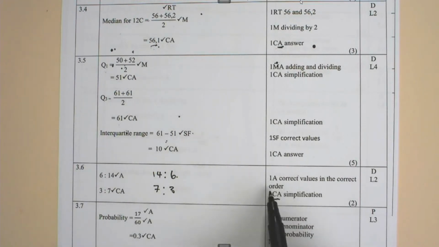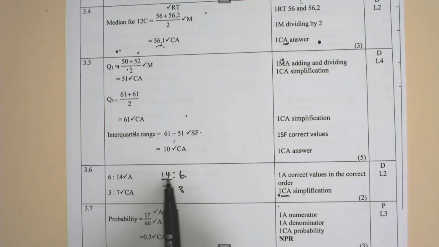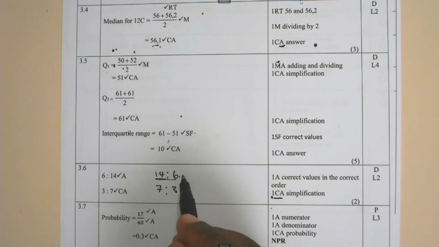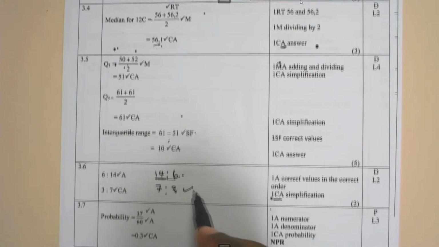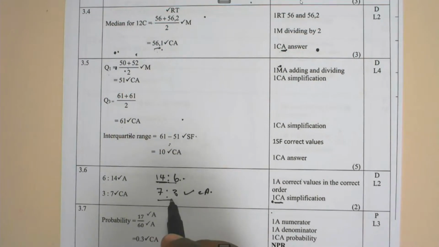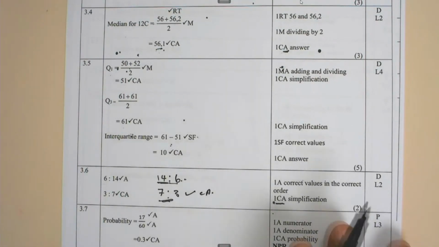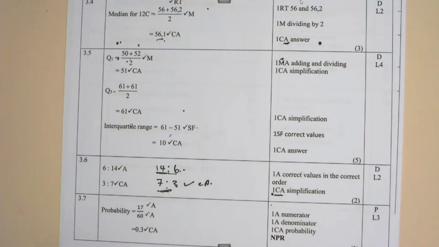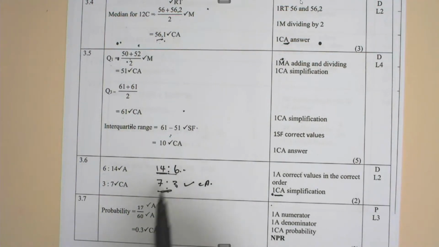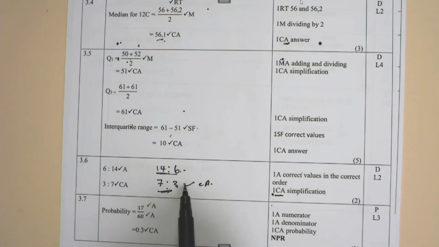The order is not right even though the values are correct, so the learner will forfeit that mark. And then I think we'll see that simplification according to what the learner has written above. So that's 14:6, and then the learner simplifies there, and the learner will get 1 mark for CA for simplification.